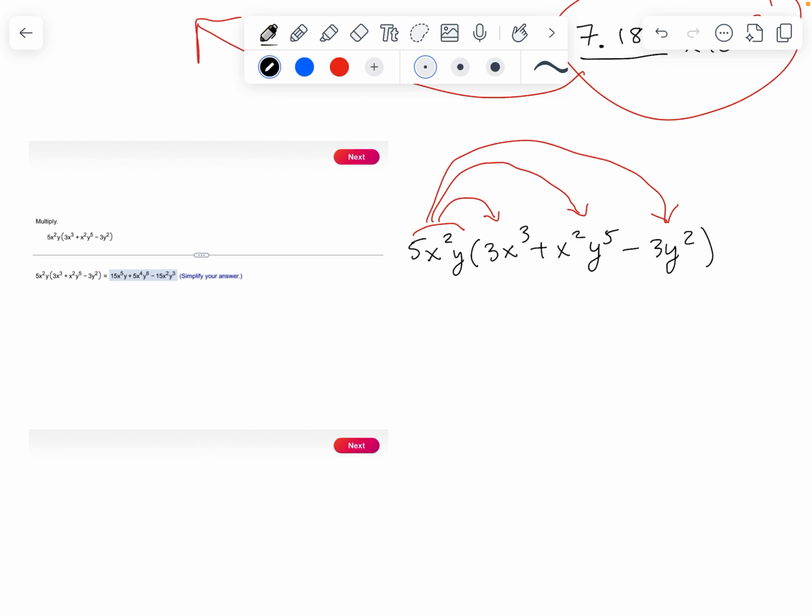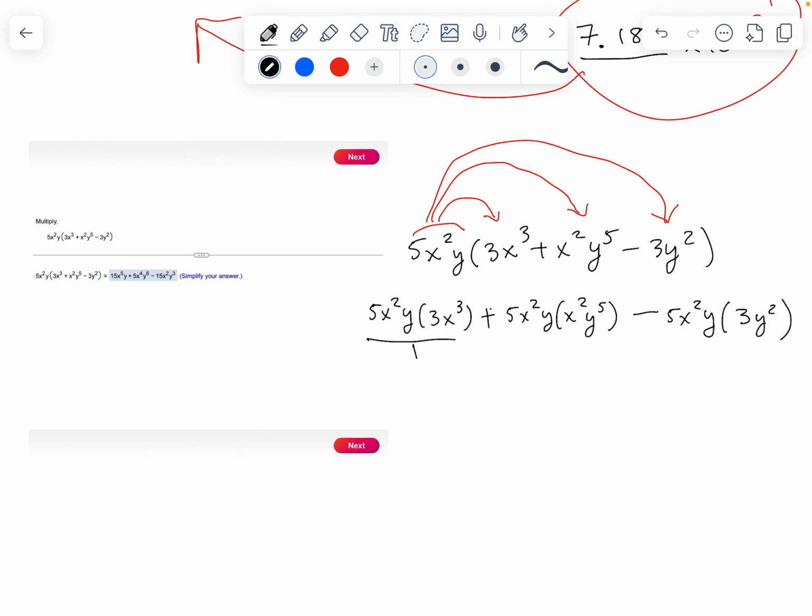We get 5x squared y multiplied by 3x cubed, plus 5x squared y multiplied by x squared y to the fifth, minus, because of this minus here, 5x squared y times 3y squared.